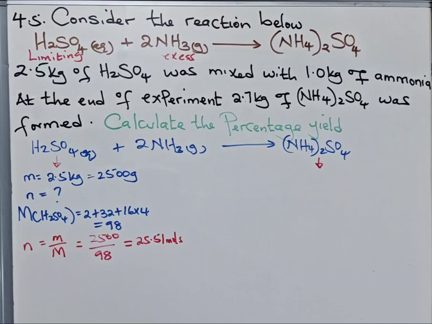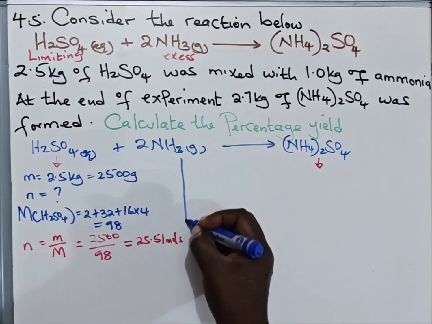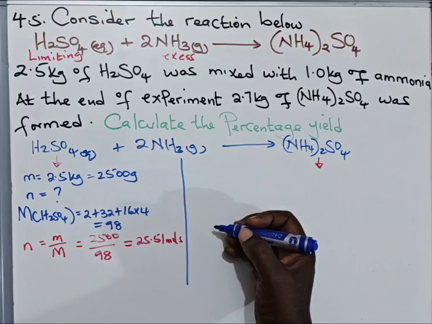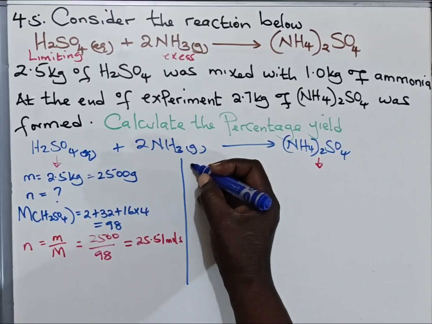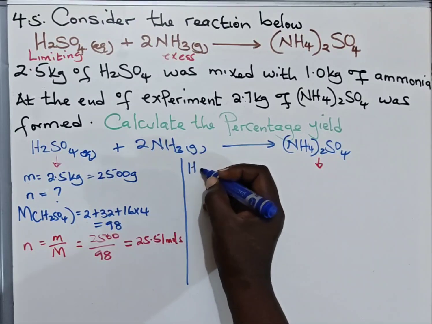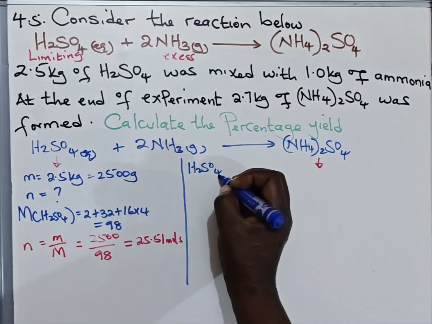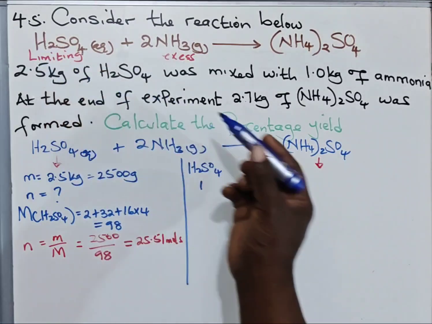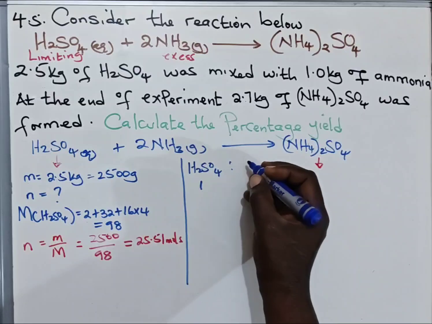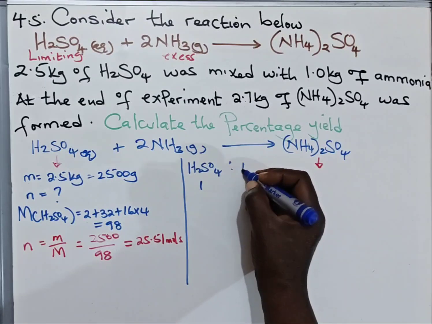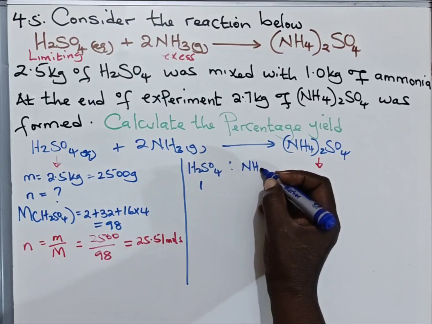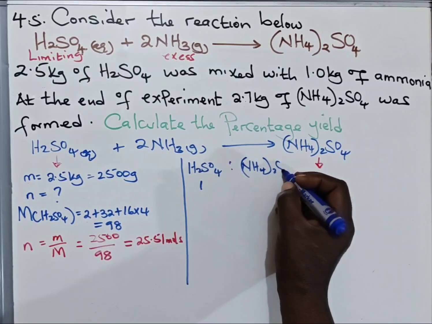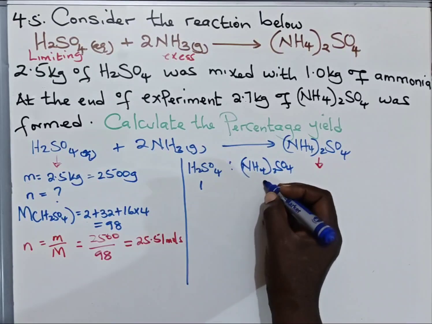So after getting it, what do we do? Now we make our comparison. It's between sulfuric acid, which is 1 here because the number in the equation is 1, and our ammonium sulfate, which is also 1.